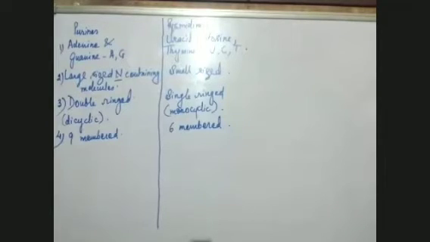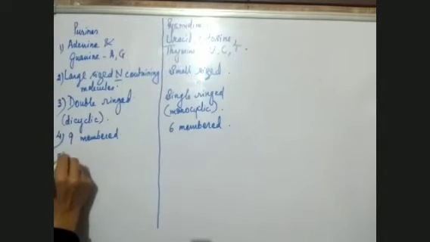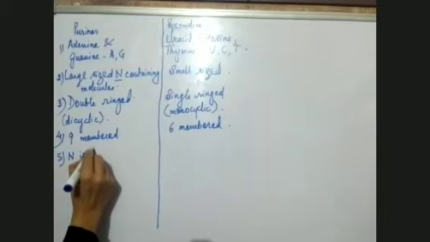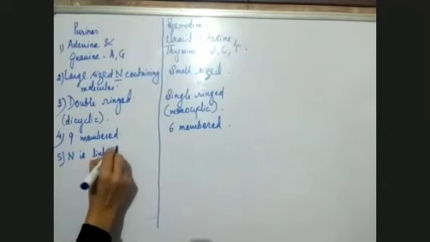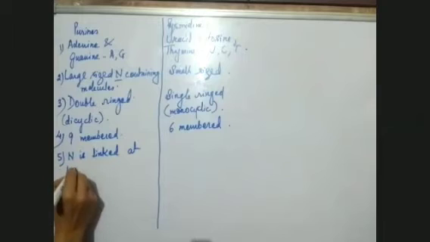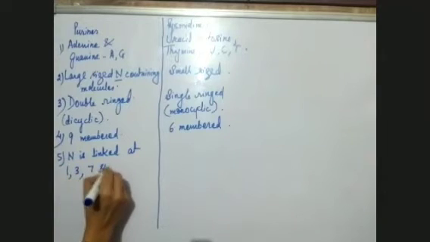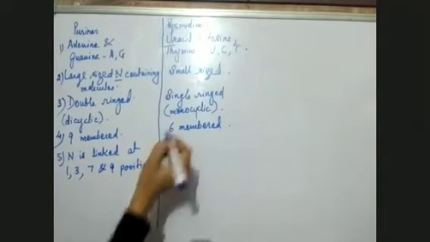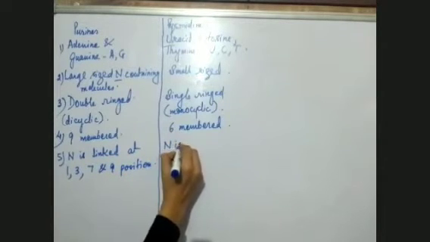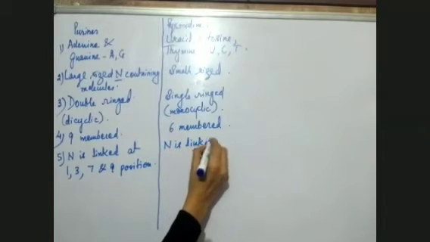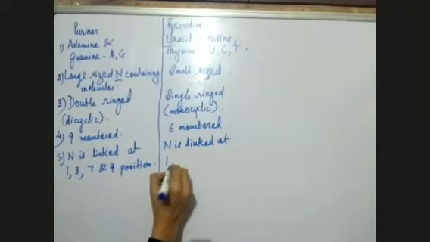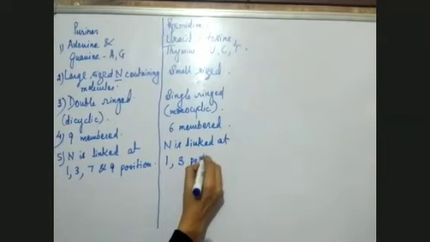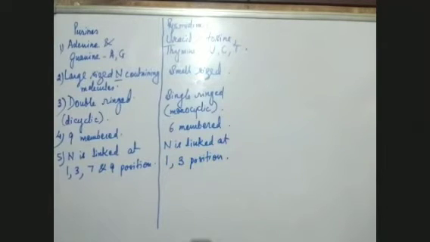And where is that nitrogen linked? In case of purines, the nitrogen is linked at first, third, seventh, and ninth position. Whereas in pyrimidines, the nitrogen is linked at first and third position. These are the differences between the purines and the pyrimidines.